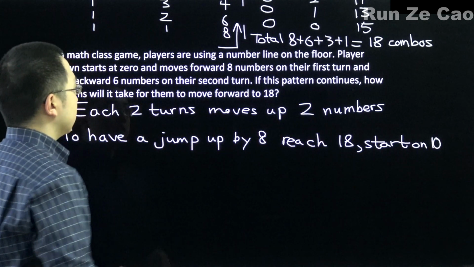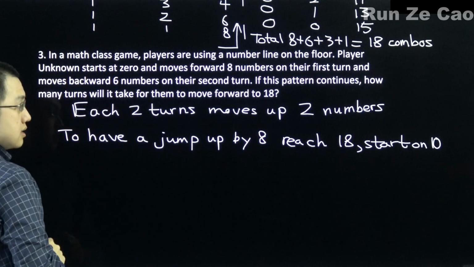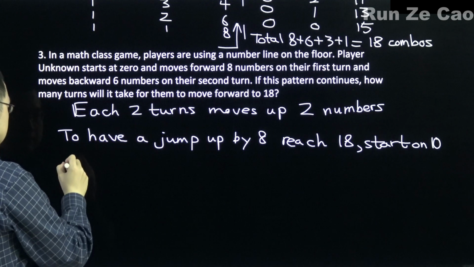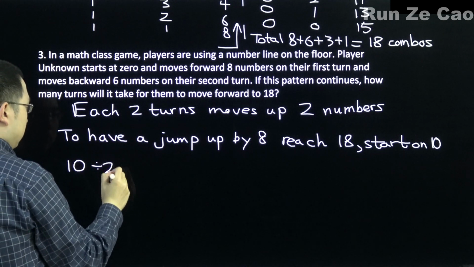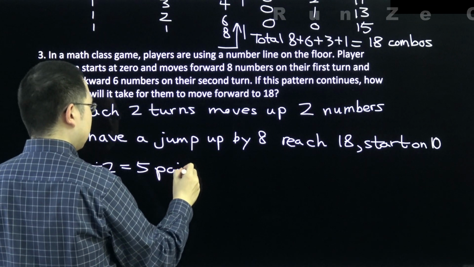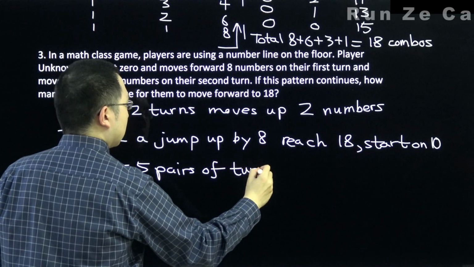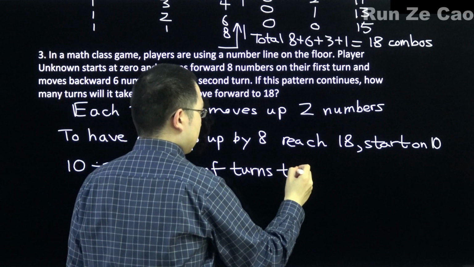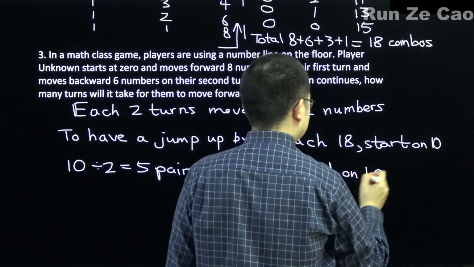So it takes 10 divided by 2 equals 5 pairs of turns to end on 10.